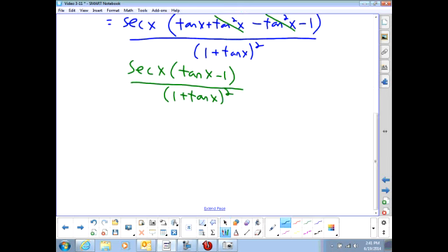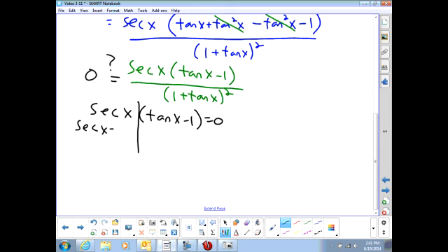So a fraction is 0 when the numerator is 0. So we really just want to know when is secant x times tan x minus 1 equal to 0. Well, it's already factored, so we'll just set each of the parts equal to 0.